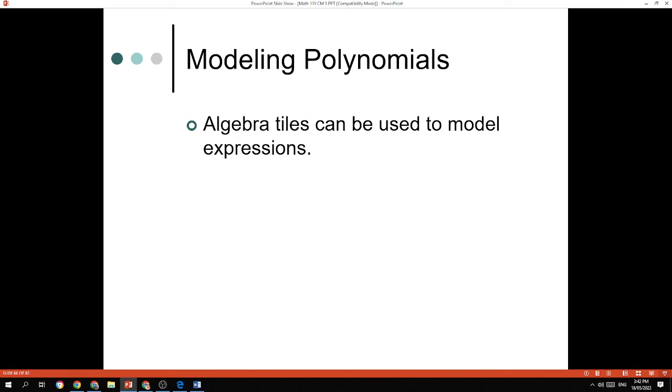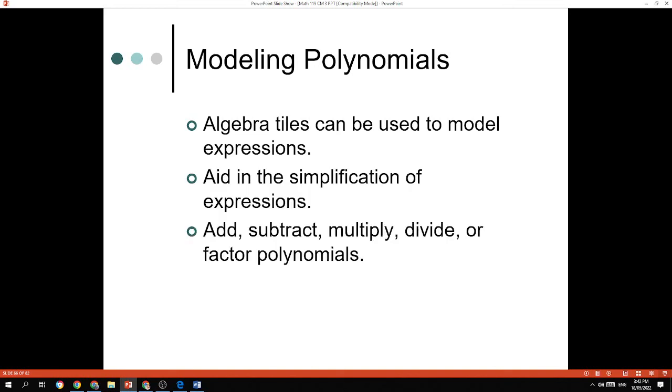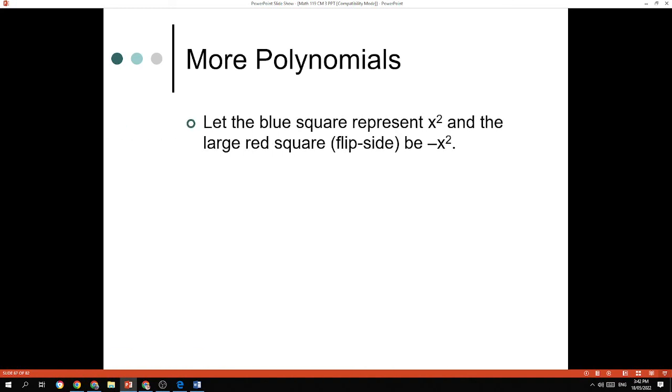Modeling polynomials. Algebra tiles can be used to model expressions, aid in simplifying expressions, add, subtract, multiply, divide, or factor. So my focus here is factoring, but I'll be showing you the other things, okay?